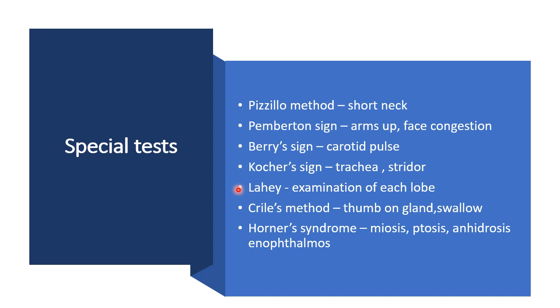Lahey's method is used to examine each individual lobe of the thyroid. Crile's method, where small lumps can be palpated using pressure of the thumb on the gland. And also look for Horner syndrome, which includes miosis, ptosis, anhidrosis, and enophthalmos, retraction of the eyeballs.